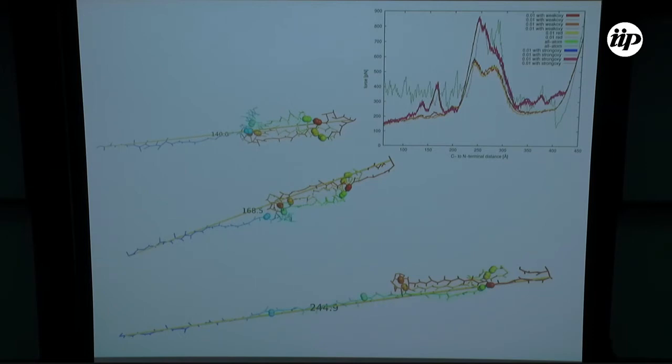When we have oxidative environment, the first jump here corresponds to breaking of the 26-84 disulfide bond. So we get, in oxidative environment, additional mechanical stability.